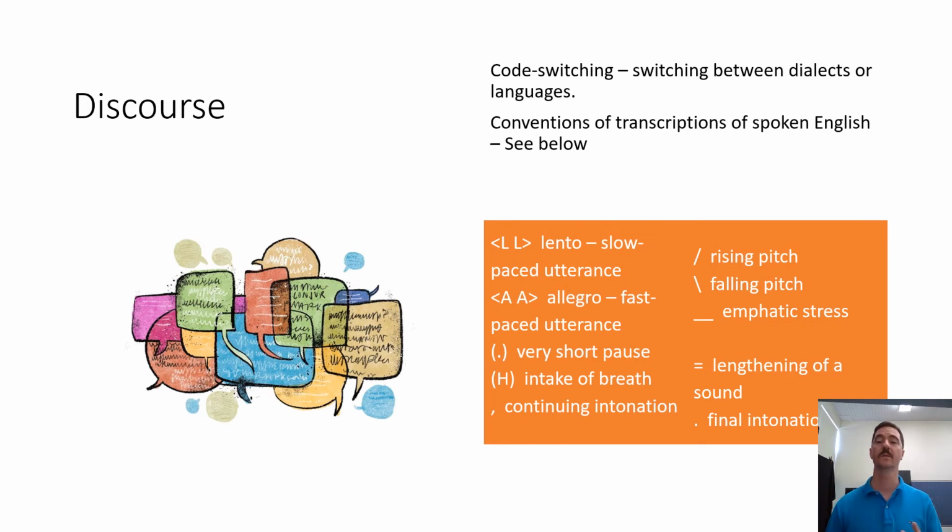All right, discourse, pretty straightforward. Code switching, switching between dialects or languages. So you might think of your idiolect, your sociolect, and your ethnolect. For example, if you go home to your third generation Vietnamese household, you'll be more influenced by your ethnolect. So you might be speaking with more of an accent or using different syntactic patterns, those sort of things.